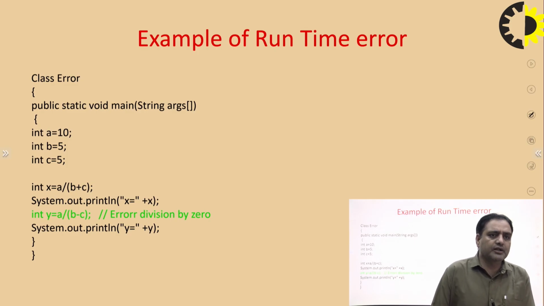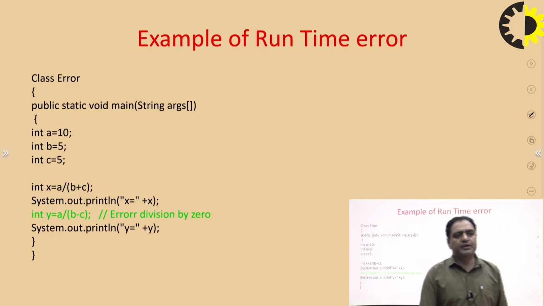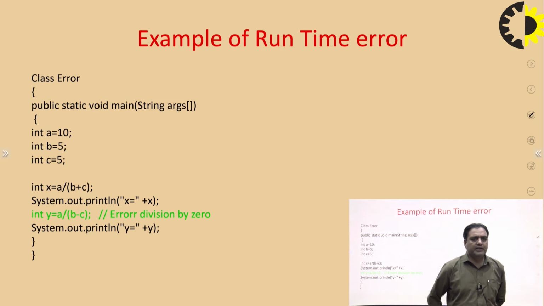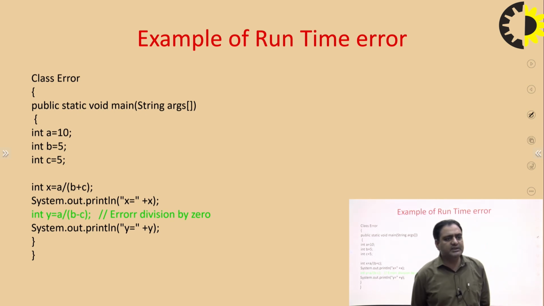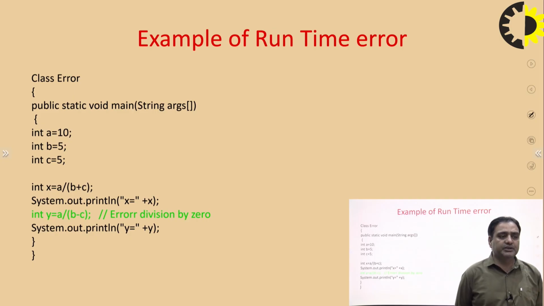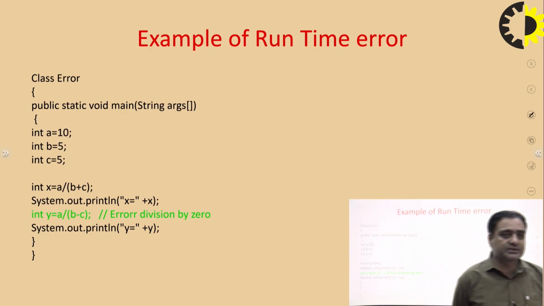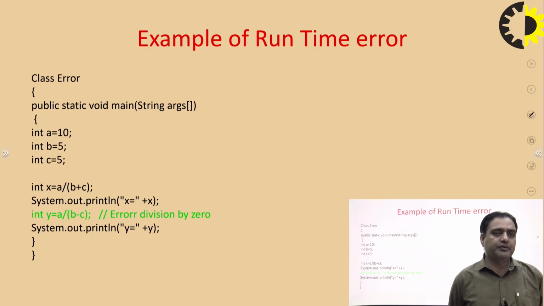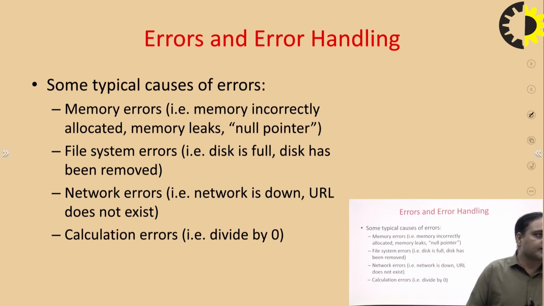So any number stored in a variable x, if x is divided by 0, then you cannot find the result. So this is the error, division by 0. How can you handle this type of error? This is exception handling. You can handle this type of error via the exception handling concept.